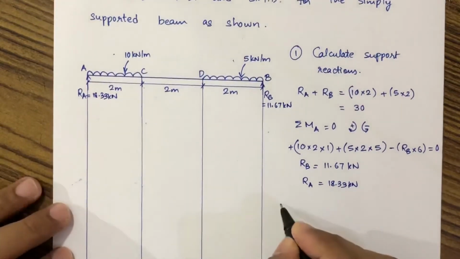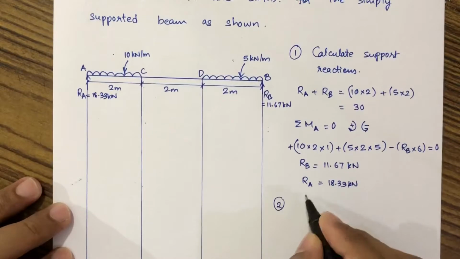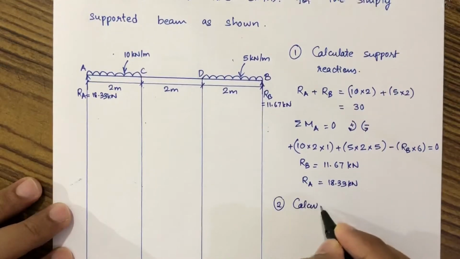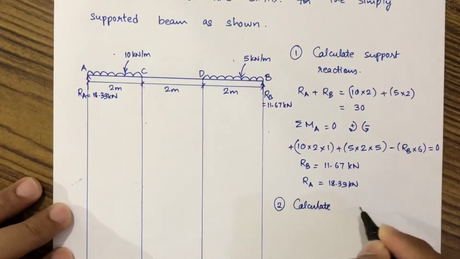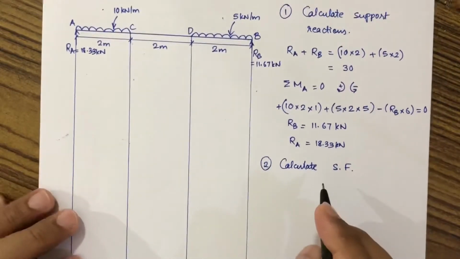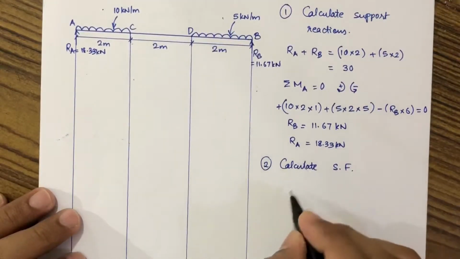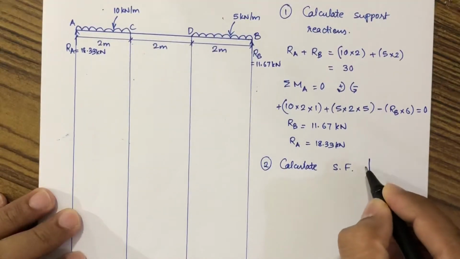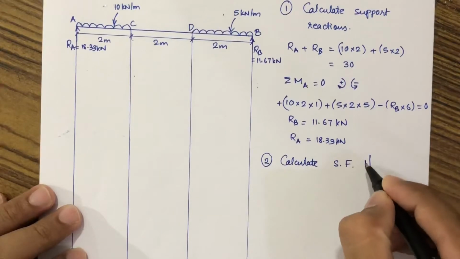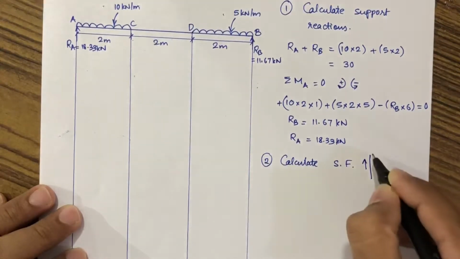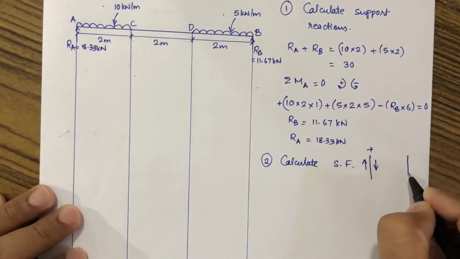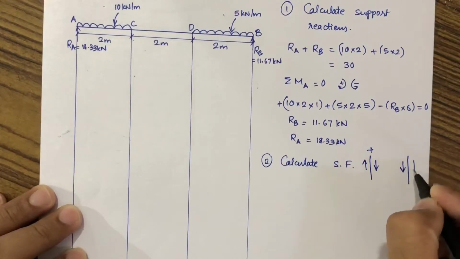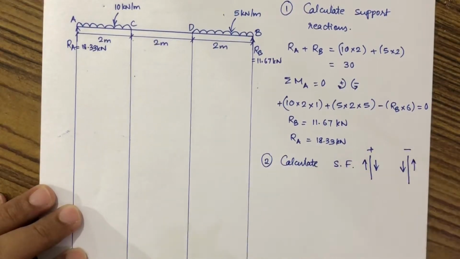Now next step is to calculate shear force. We have to calculate the shear force, and remember that if this is a section, so these type of forces will be considered as positive and these type of forces will be considered as negative.